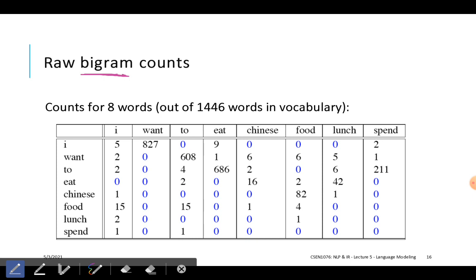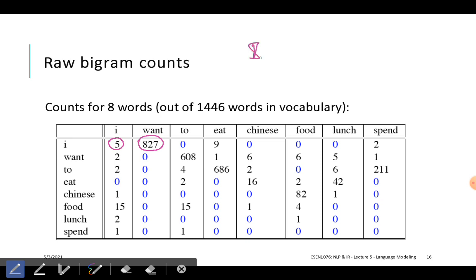Okay, so basically how you read this table is the probability of I given I, the probability of want given I, the probability of to given I. So how do we read the counts then? These are the counts. The number of times the word I appears after I is 5. The number of times the word want appears after I is 827 times.